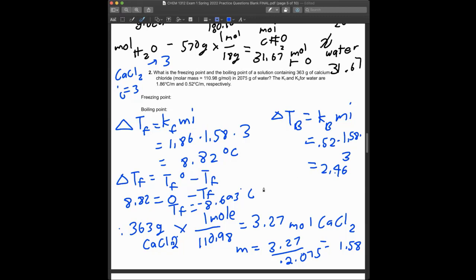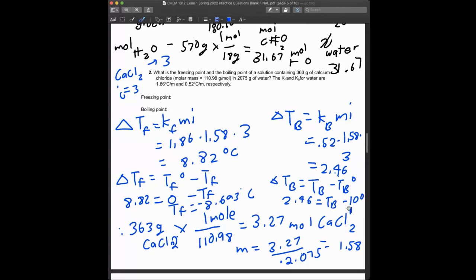Okay, and so TB, that's not done yet. We have to set this formula, minus the initial boiling point, so the old one. We do add, but when you solve for TB here, you just add 100.